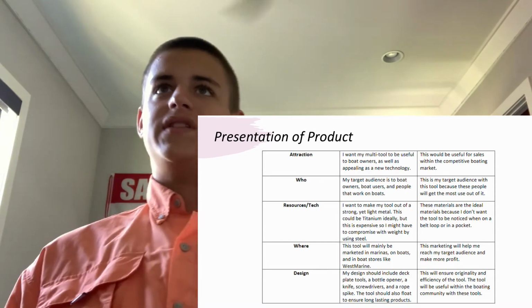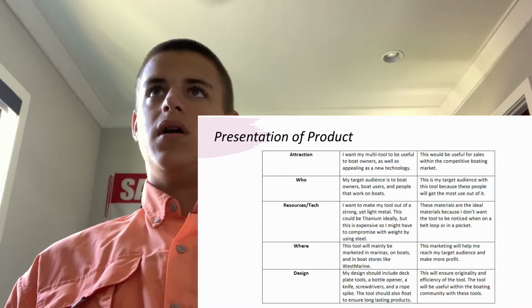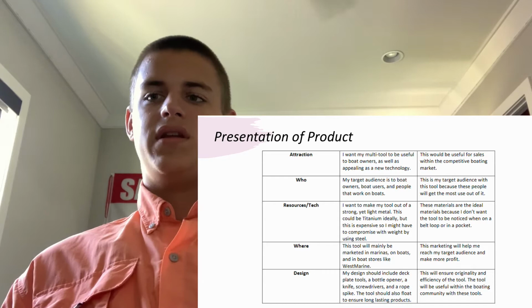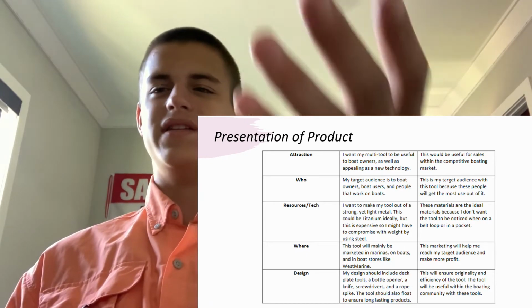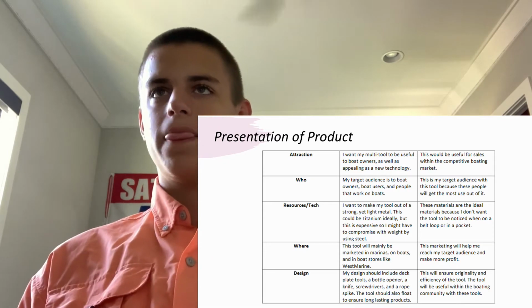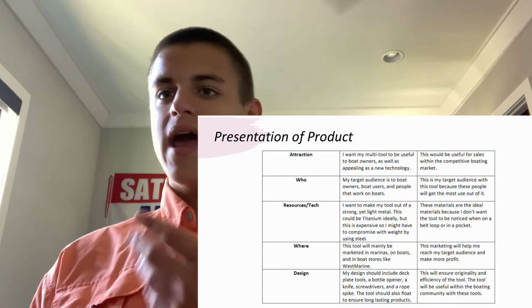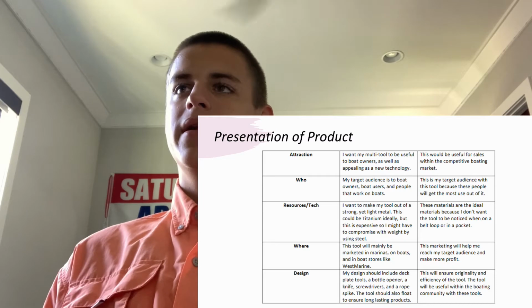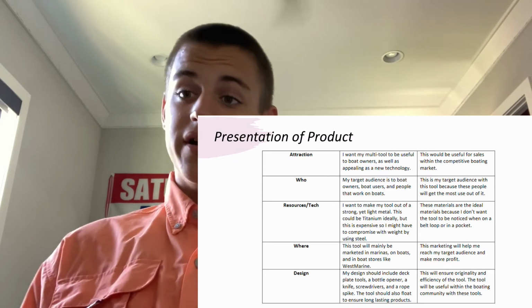So on this slide you can see what I wanted. This is a more in-depth version of the last slide, where it shows what my tool should include, how it should include it, and basically who the target audience is.